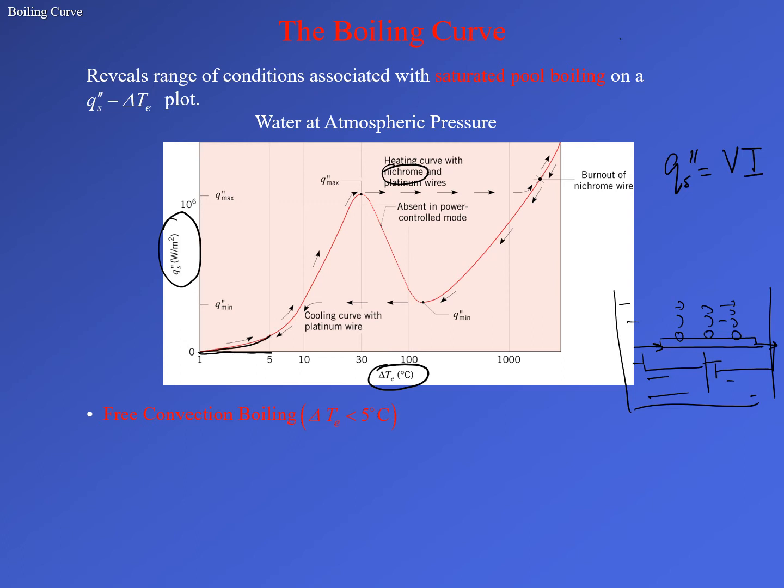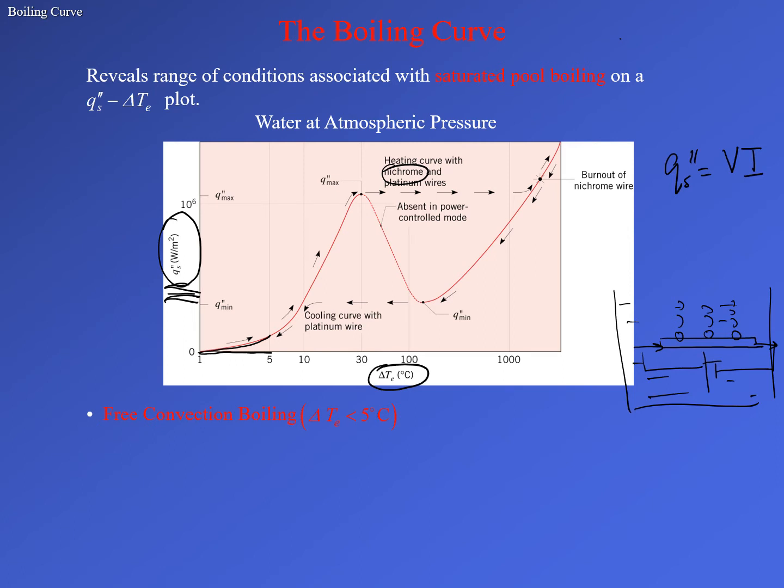But as the temperature of the surface of the nichrome wire is increased further by passing more current, well, actually in this case we are not controlling the experiment by controlling the excess temperature. We are controlling the experiment by controlling our Q double prime, because all we can control is the current or the potential difference across the wire.